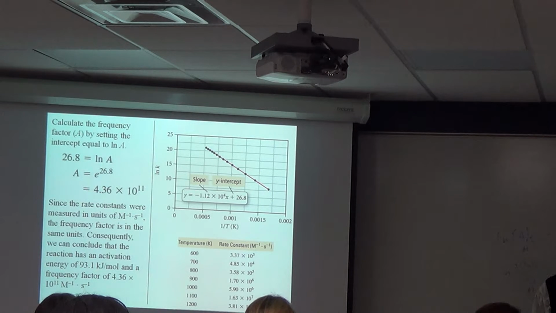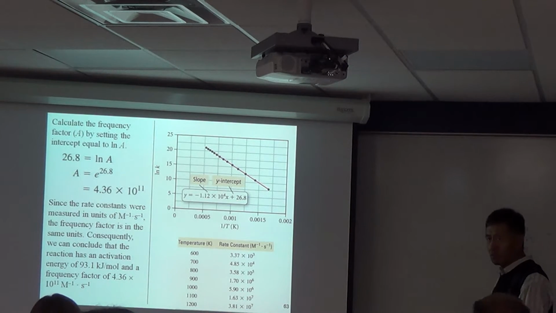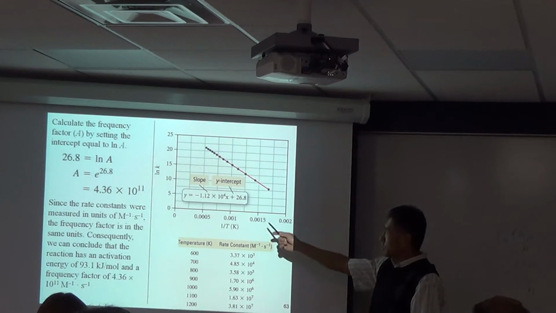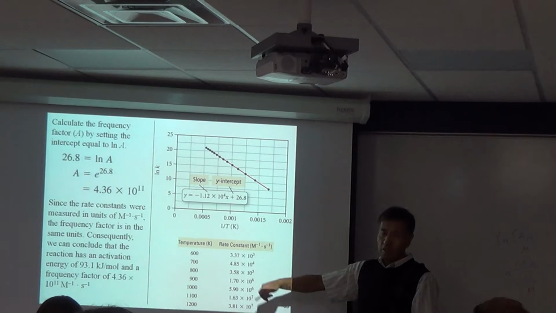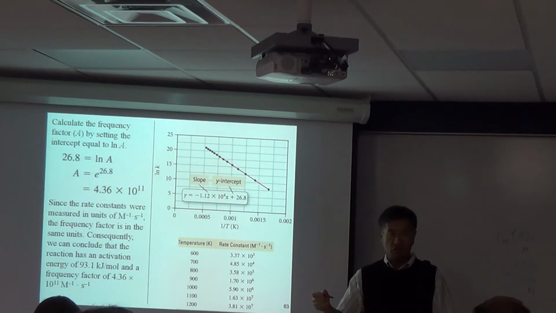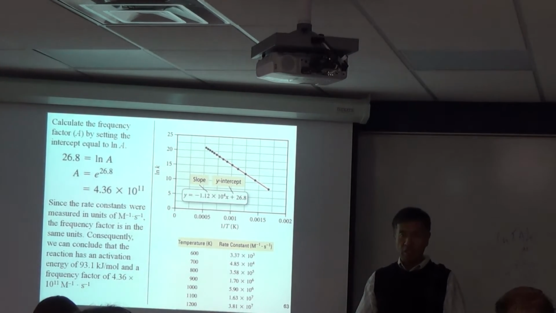Okay. You can also calculate the frequency factor A, right? So if you imagine like that one number called the intercept. So see the equation you get from the graphing. You get 26.8, and you recall that equation from the Arrhenius equation, right?